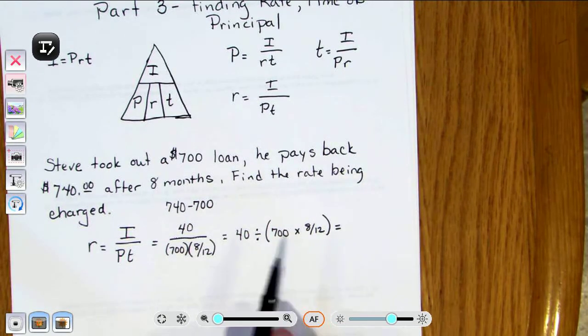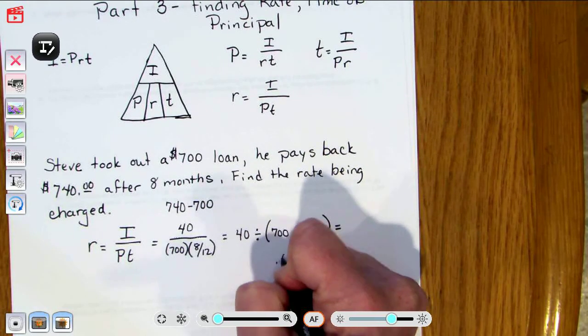Again, you're going to need that extra little set of parentheses in order for this to work. There we go.